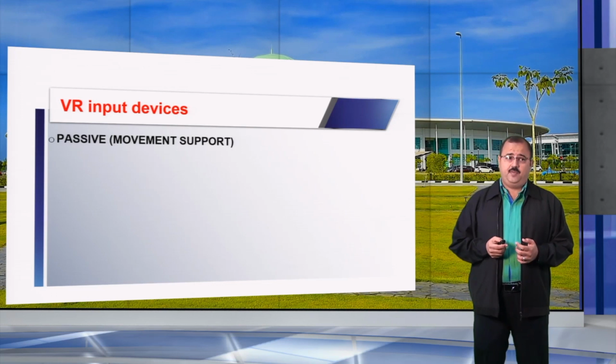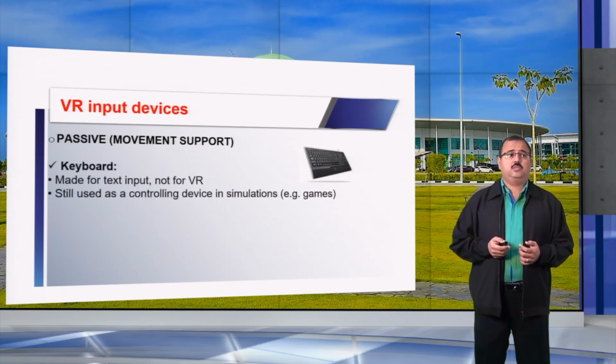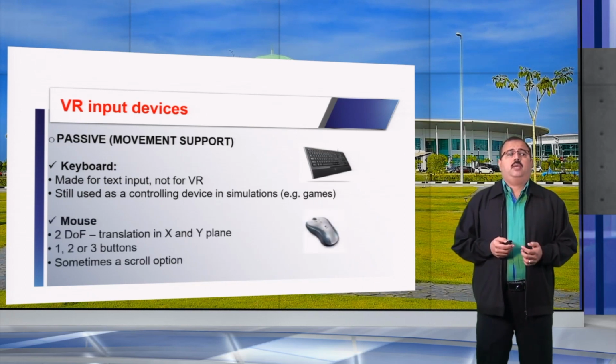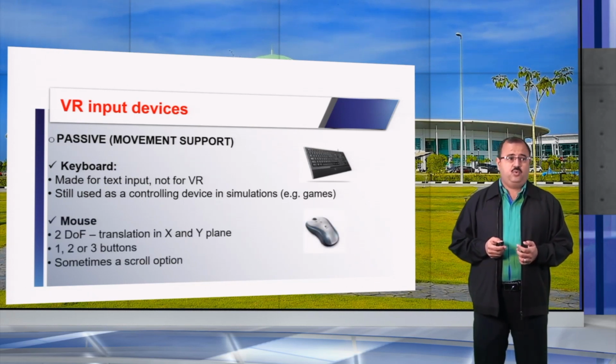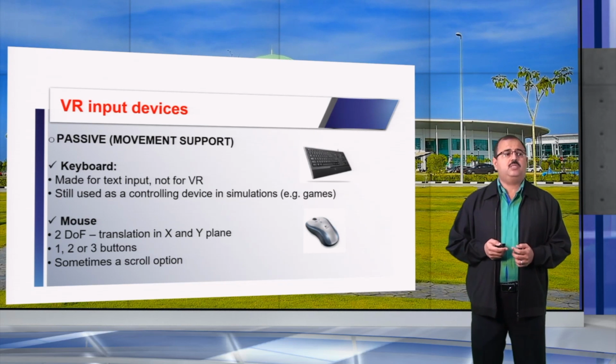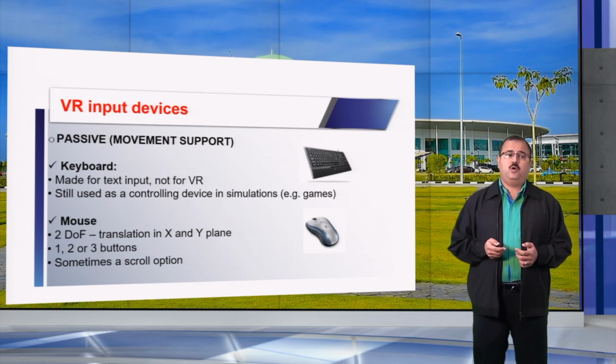Examples of passive input devices supporting movement are the keyboard, made actually for text, not for virtual reality, but it can still be used for controlling devices in some simulations. The mouse has 2 degrees of freedom, translation in X and Y, with different types having 1, 2, or 3 buttons, sometimes with a scroll option.